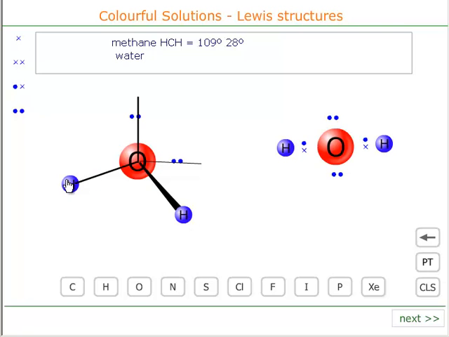And so the result is that this HOH bond angle is equal to 104.5 degrees. The rough rule of thumb is that we lose about 2.5 degrees per lone pair, bonding pair repulsion.